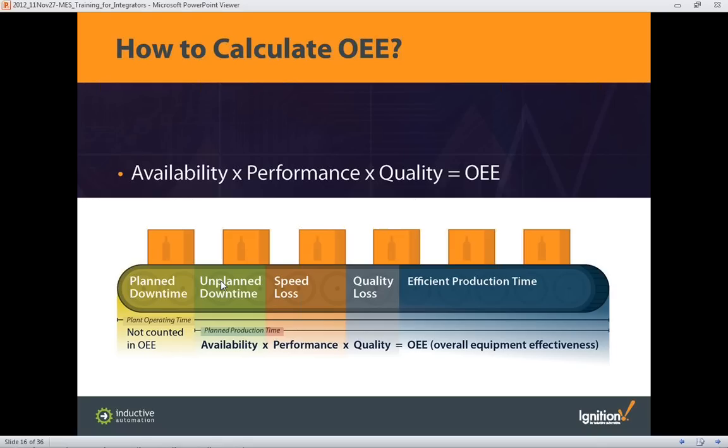Or some industries, for example, the logging industry, it might be a little difficult to determine your performance and even your quality. So maybe you're just using availability. But it really can be applied to all types of industries. We've even applied it to the recycling industry where you don't have widgets coming down the line.